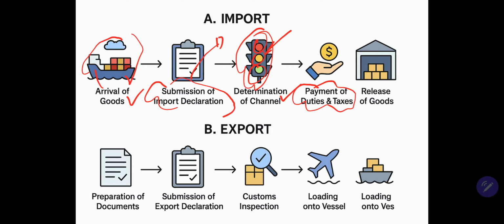After the payment process is complete, the next process is release of goods. Once cleared, the goods can be taken out from the port or warehouse and distributed domestically. Okay, this is the last process of import: release of goods.